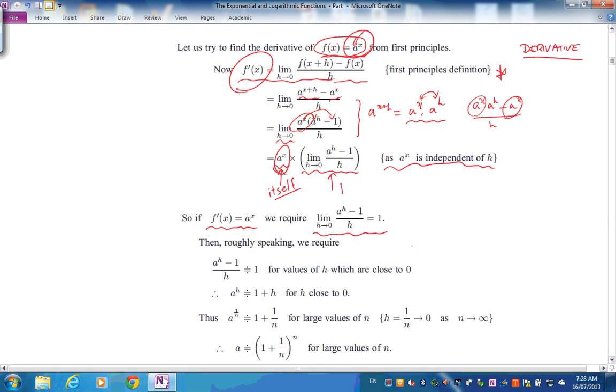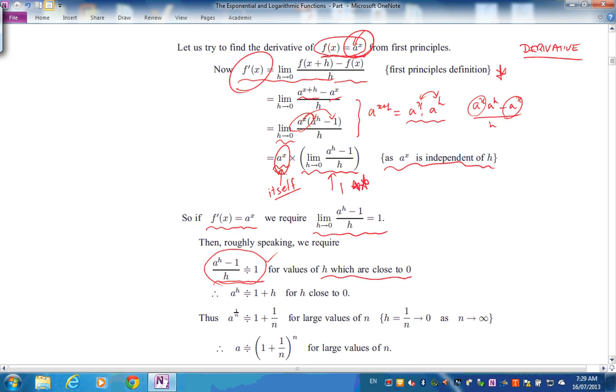Okay, let's go down and play with that. And so if we say h is very, very close to naught, then a to the h take 1 on h would have to come to approximately 1. We want this to disappear. This is one up here. We want this to be 1. Limit as h tends to naught. So we'd say if h is very close to 0, this would be 1.